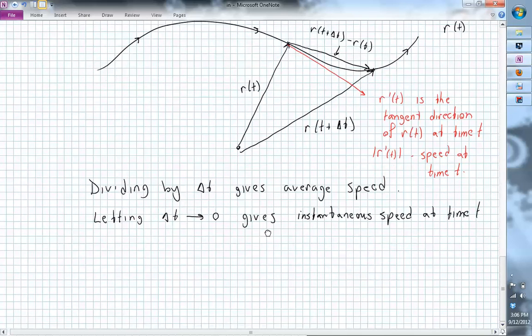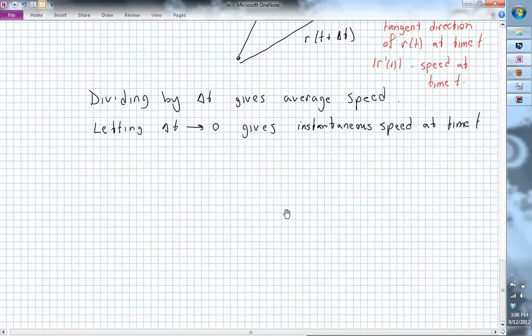Okay. Let's talk a little bit more about mechanics, and then I'll move on. Let's pretend that we have a vector equation, r of t, and t is just any real number.